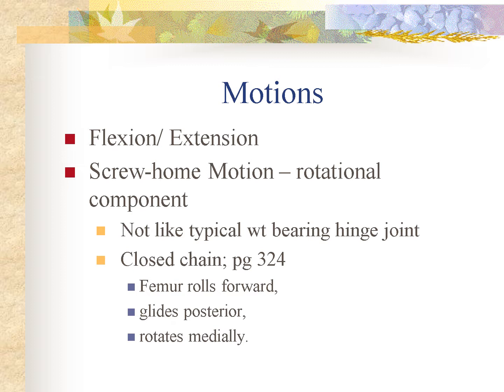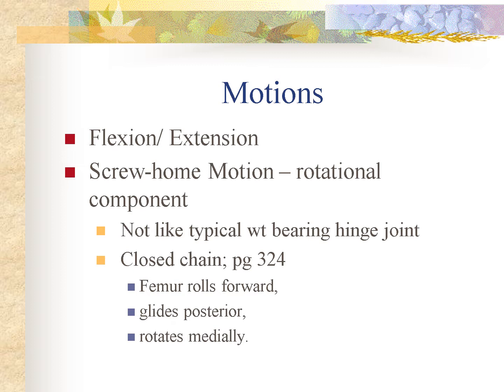So the very first thing that happens is the femur is going to actually roll into a forward direction, and then as it rolls forward, it has to glide backwards posteriorly in order to slide into place. And then that very final little bit of motion is a rotation medially towards the inside, which is called screw home motion.